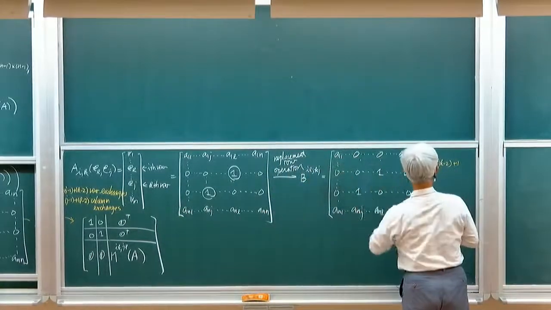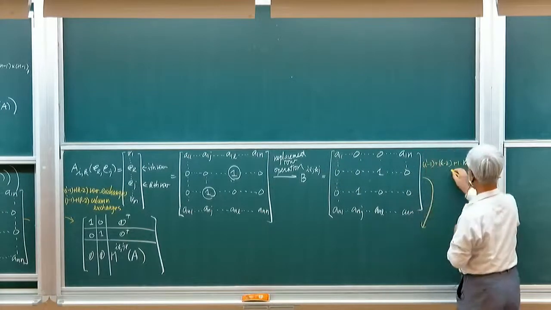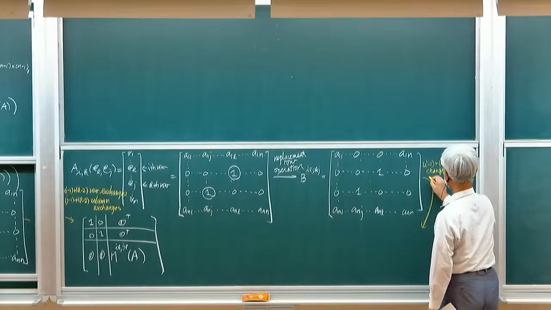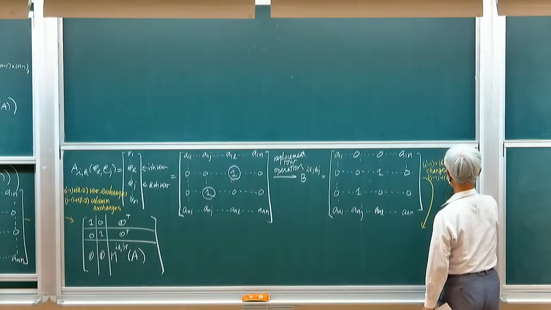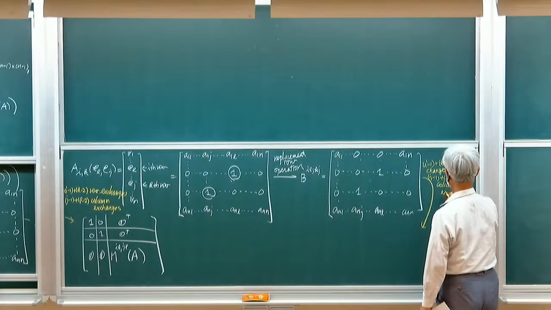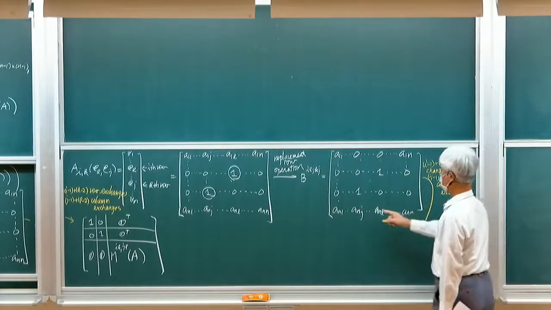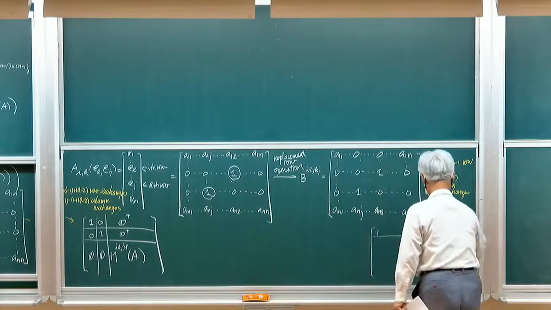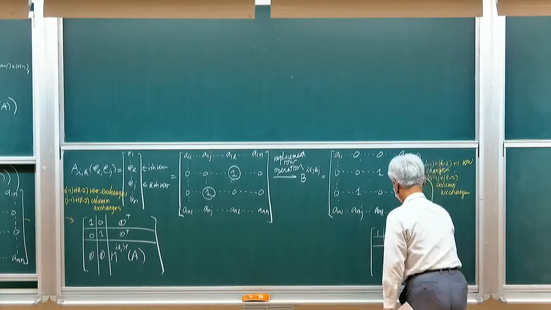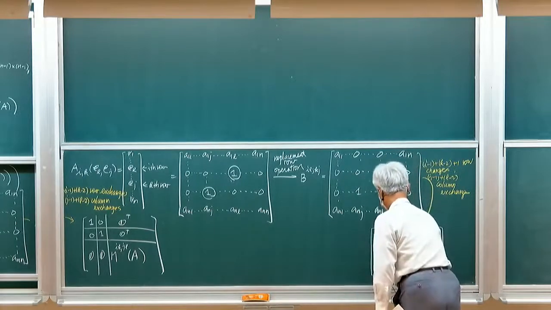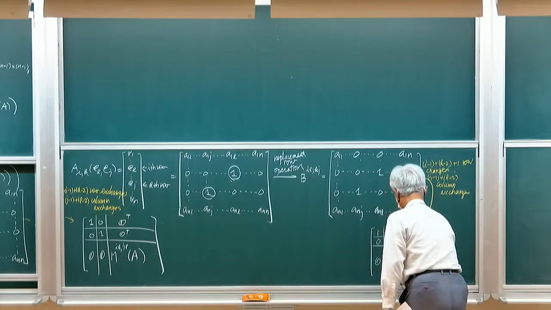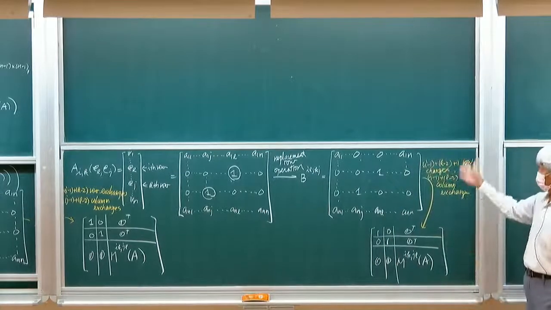So you need one more row exchange, and you need J minus 1 plus L minus 2 column exchanges, so that the matrix becomes the same as this one, M, I, K, J, L of A. Okay, so they end up the same.